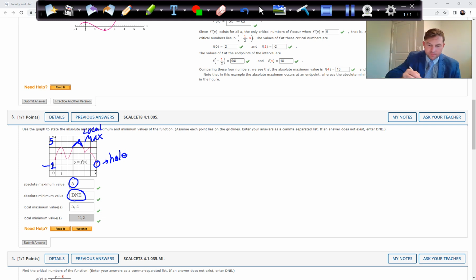The difference being, in the first picture I drew, or even the last problem, if your graph looks like this, well, this is a local max, but it's not global, because there's the global max right there, the highest point. So any hump you have is a local max or min, a hump or valley, but it will not necessarily be also the global.